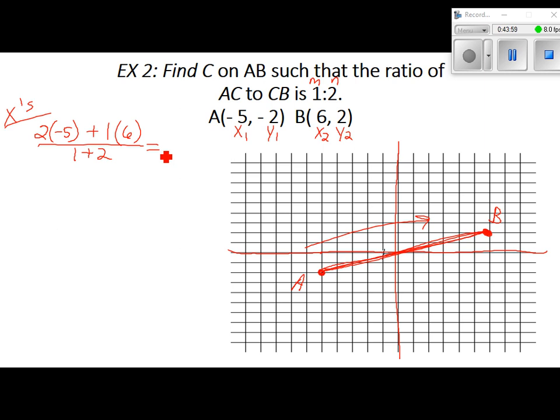I heard both answers. -4. On bottom you get 3. Somebody divide that for us. -1.3 repeating. So it's -1.33333. Anytime you have a third, that's what it is. So we'll just go with -1.3, somewhere close. So we found our X's, now we need to find our what?